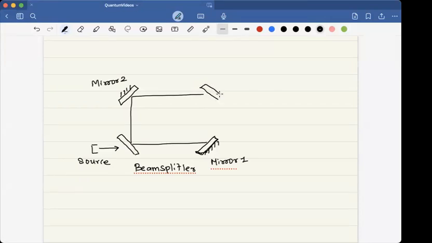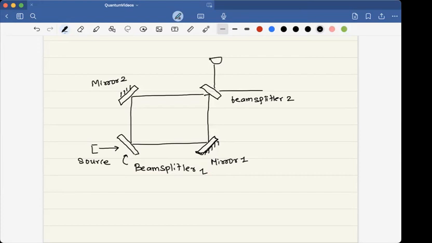This is the second beam splitter. And then finally you have these detectors over here.